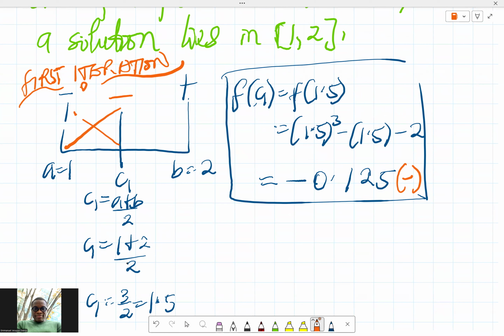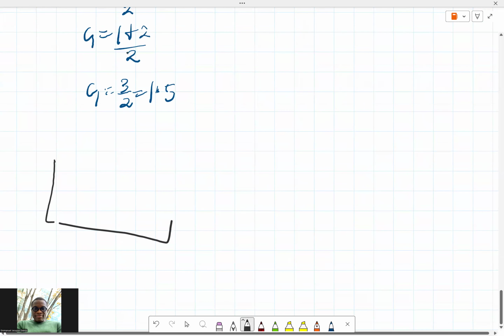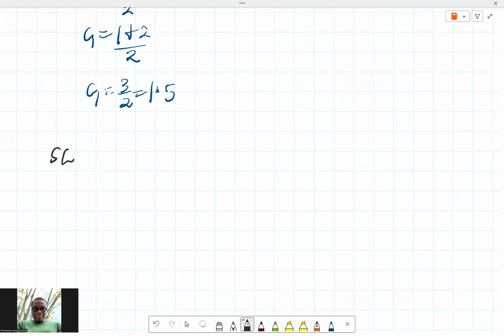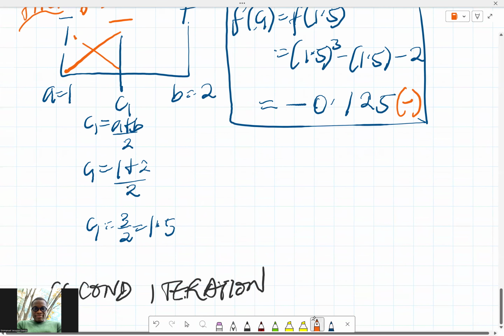Okay, now for the second iteration, we go again. We now know the solution is between C1 and B. There's something I did not remember to do here: you check for the tolerance.